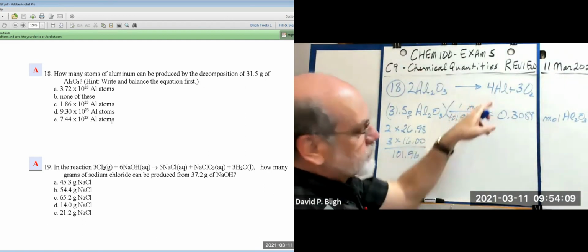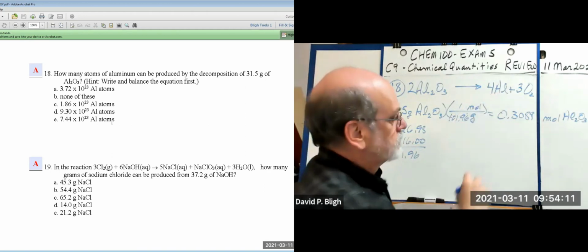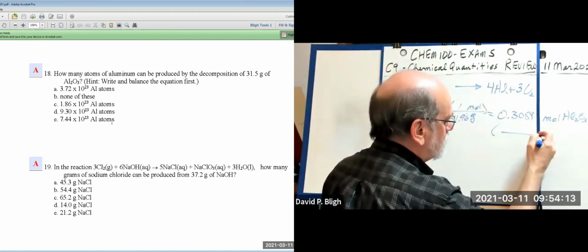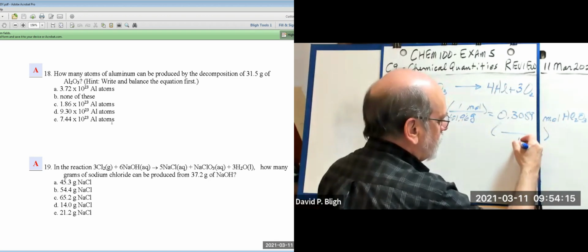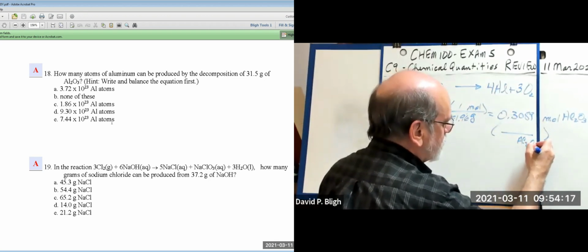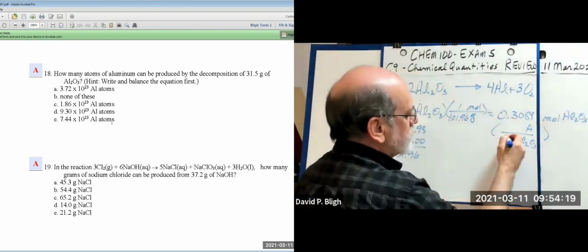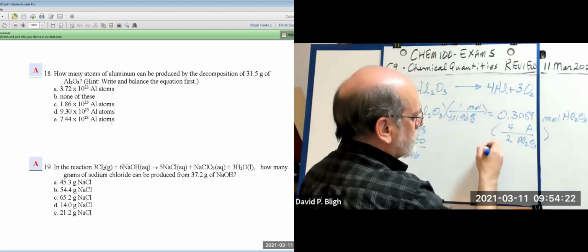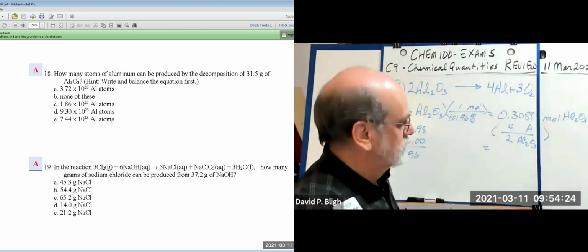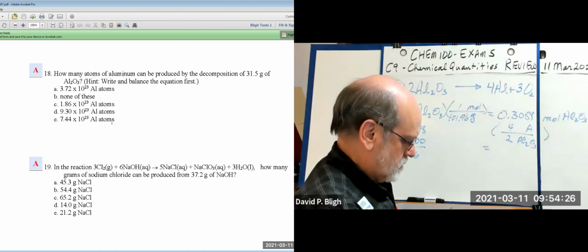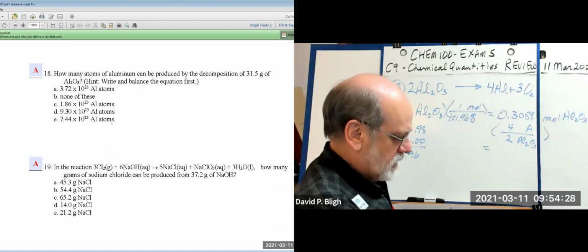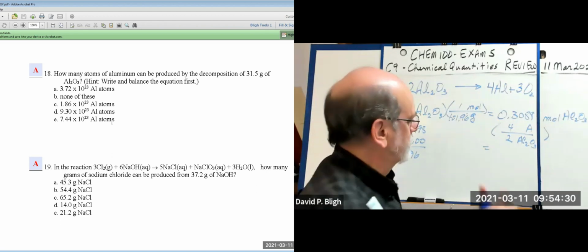So convert that to moles of aluminum. Right? Aluminum oxide, aluminum, the ratio is 2 to 4, so it's twice that much, which is 0.6179.